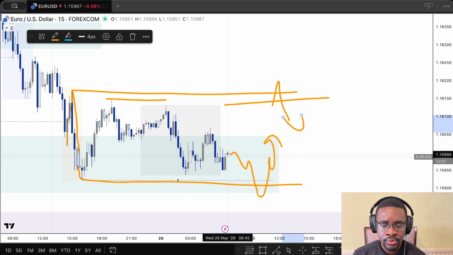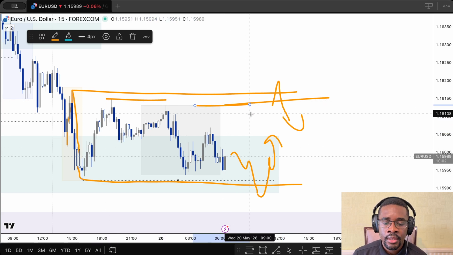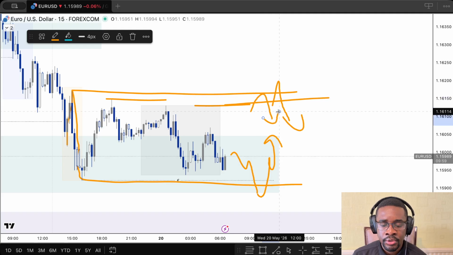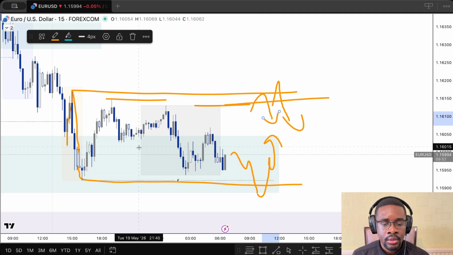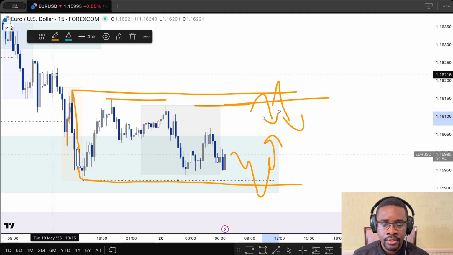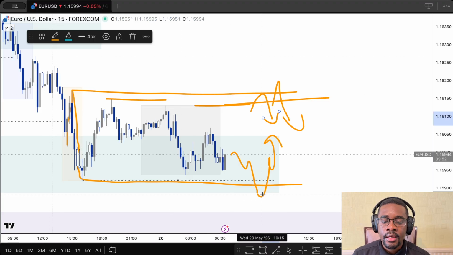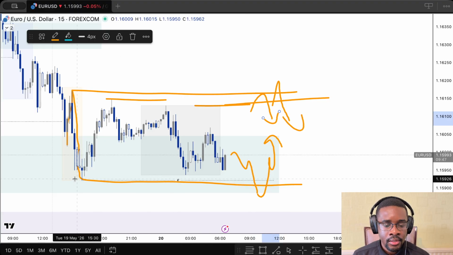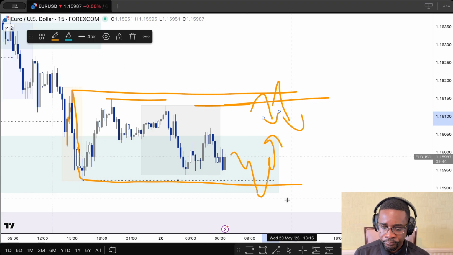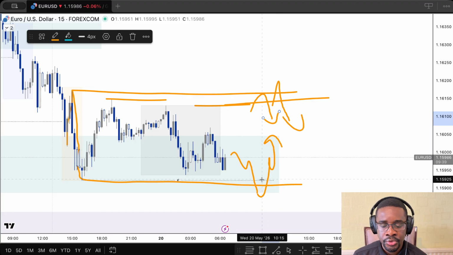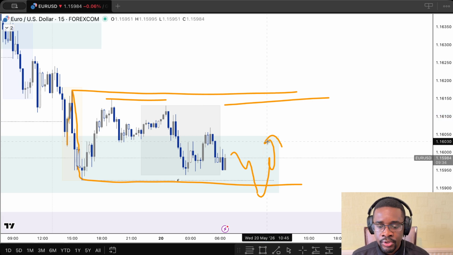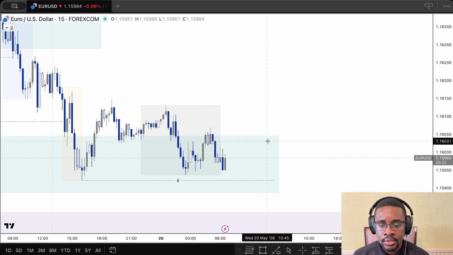Either it starts by coming up, sweeping Asia high, and then maybe this high, and then we start looking for shorts, which will be aligned with the swing and internal trend. Or if it starts by sweeping low, taking out Asia low and this New York low from yesterday, then I could be looking for an opportunity to go long. Okay, so those will be my trade ideas for the Euro USD today.